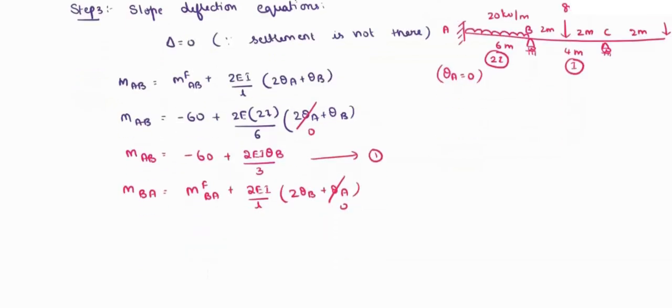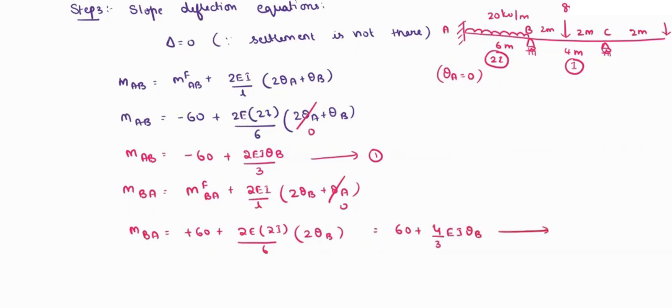Now substituting these values, you are going to get MBA equal to plus 60 plus 2E into 2I by 6 into 2 theta B. So that will become 60 plus 4 by 3 EI into theta B. So this is the second equation.